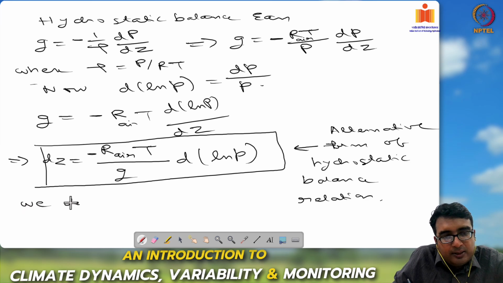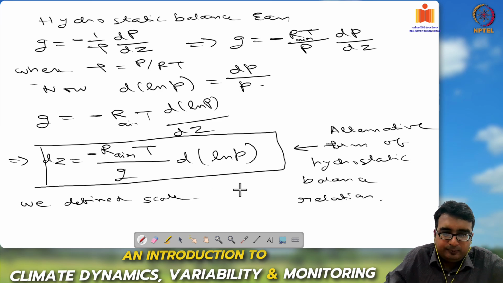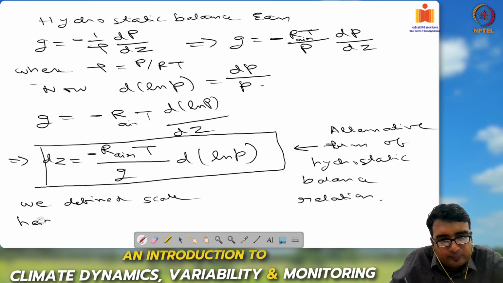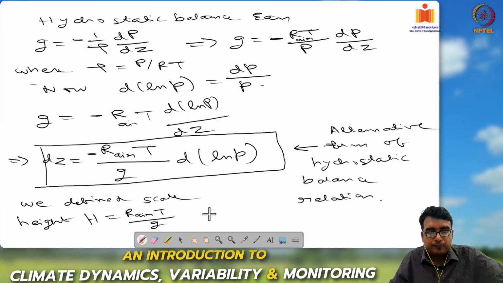We defined scale height H as R air into T by g, correct? However, if the temperature is a function of z, as is the case in actual conditions, then using the scale height relationship may not be quite accurate.